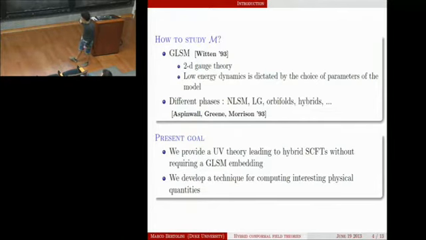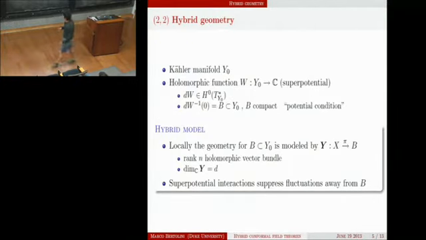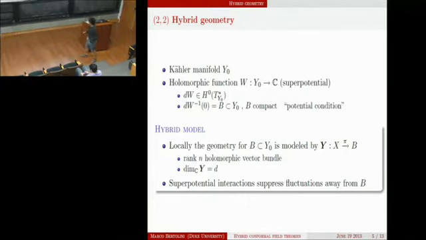And once we define this setup, we are going to develop and present a technique for computing interesting physical quantities, such as the massless spectrum. One thing I want to say, because it's important: we are going to talk only about (2,2) today, and it's still going to be a non-trivial exercise, and we'll leave the (0,2) business for future work.